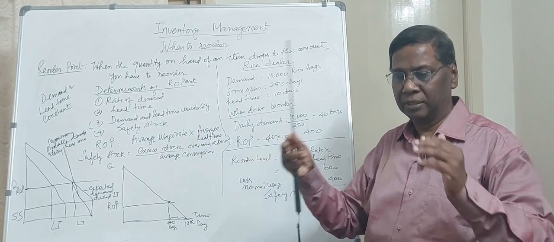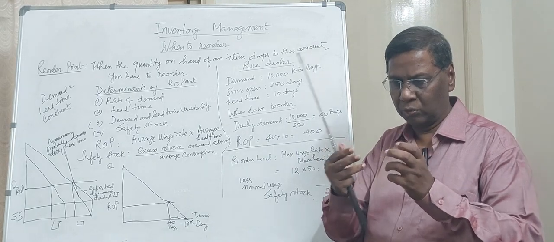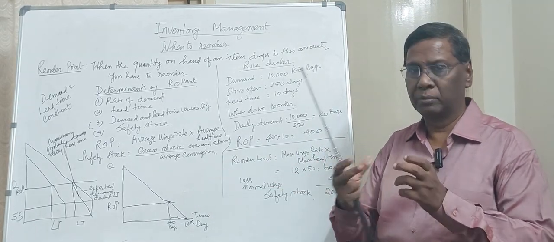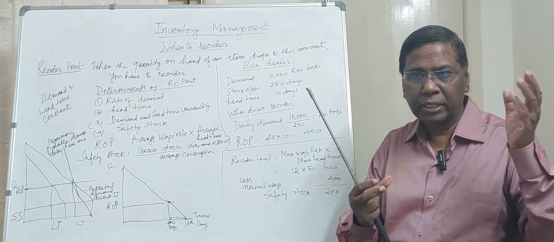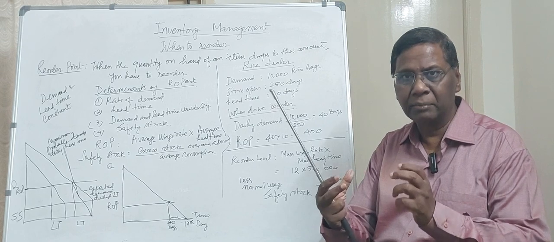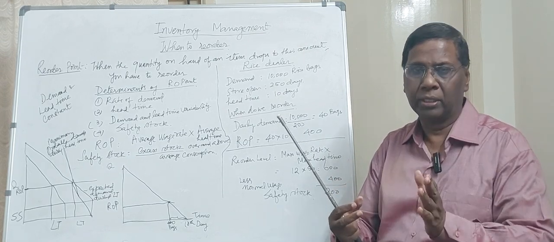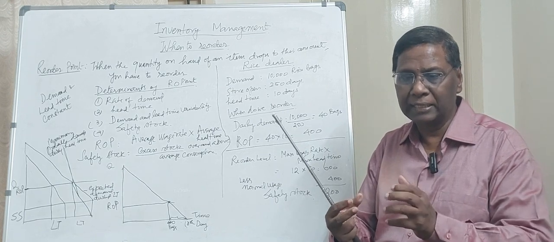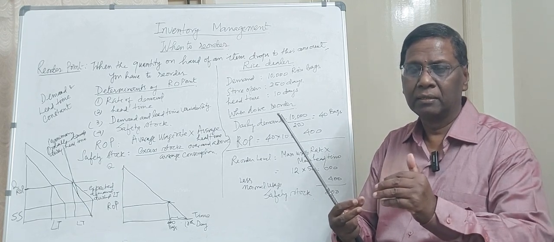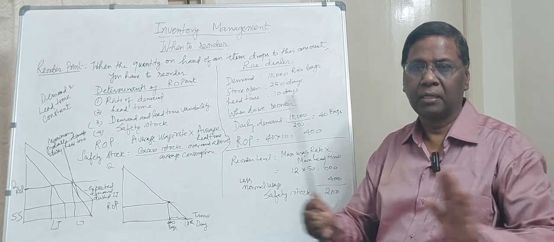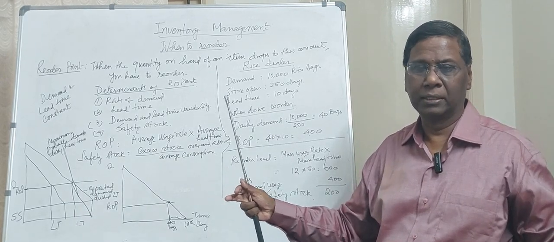Once your stock reaches 200, your reorder point is 200 bags, and you have to reorder. When the existing 200 bags get exhausted, by the time the lead time expires, new orders will come and replenish your existing stock.